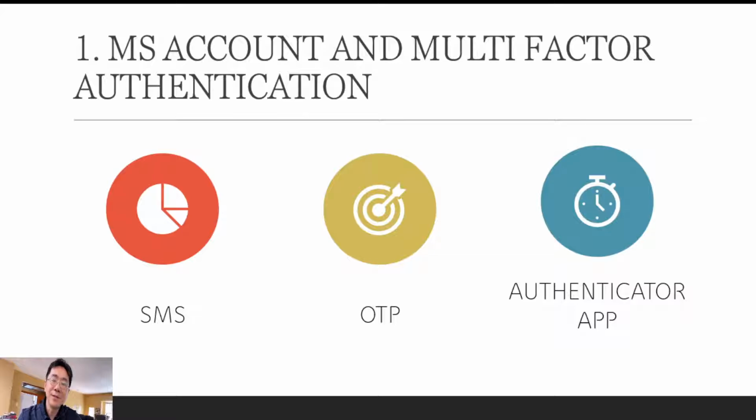What you need to do is, on your Windows 10 or Windows 11, you must sign in with a Microsoft account. After you sign in with a Microsoft account, there are a lot of features you will benefit from. After you enable Microsoft account sign-in, another important thing is you must enable multi-factor authentication.